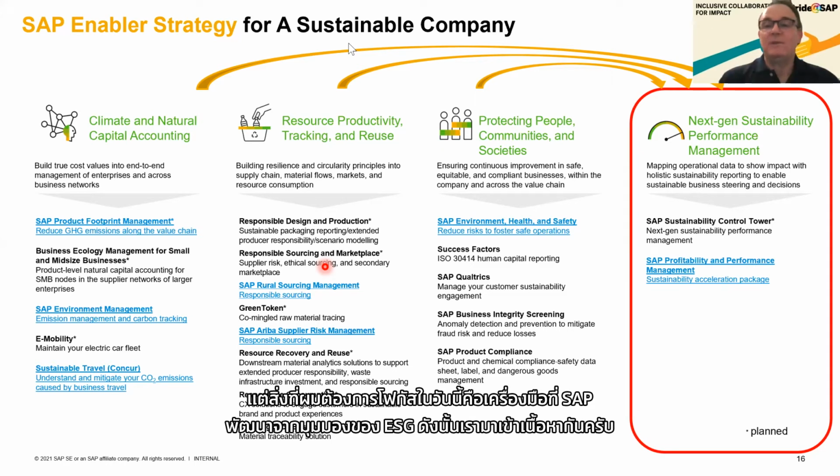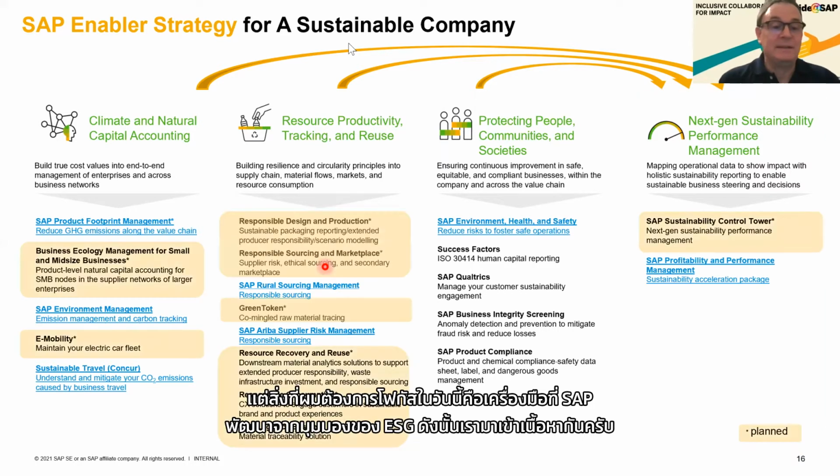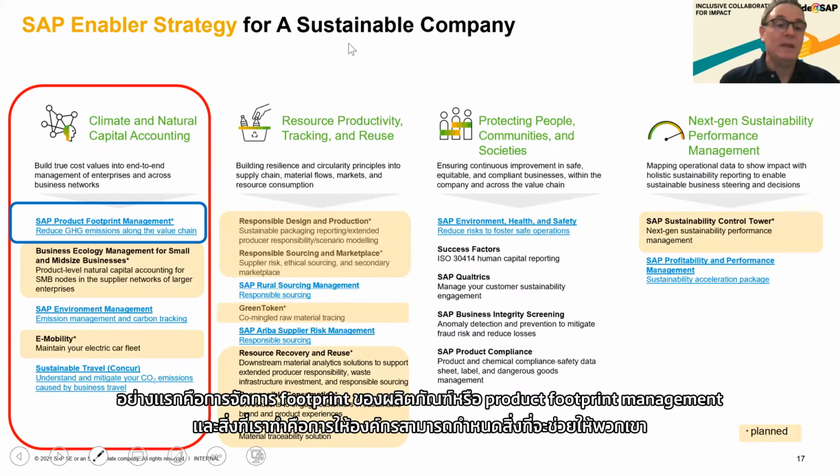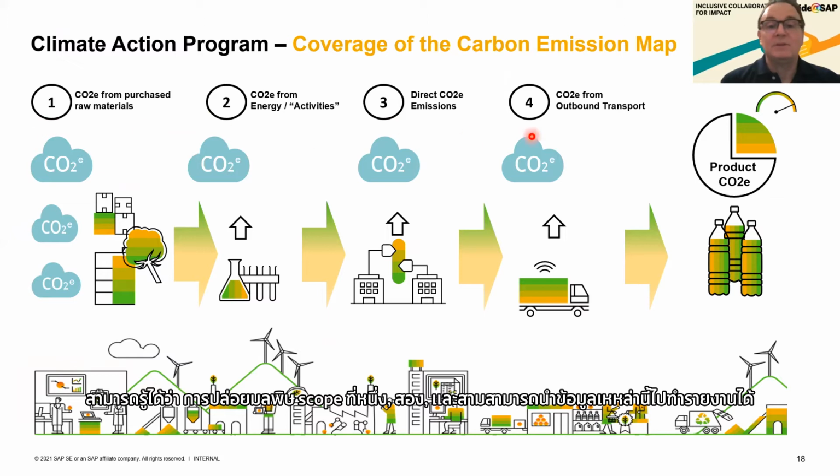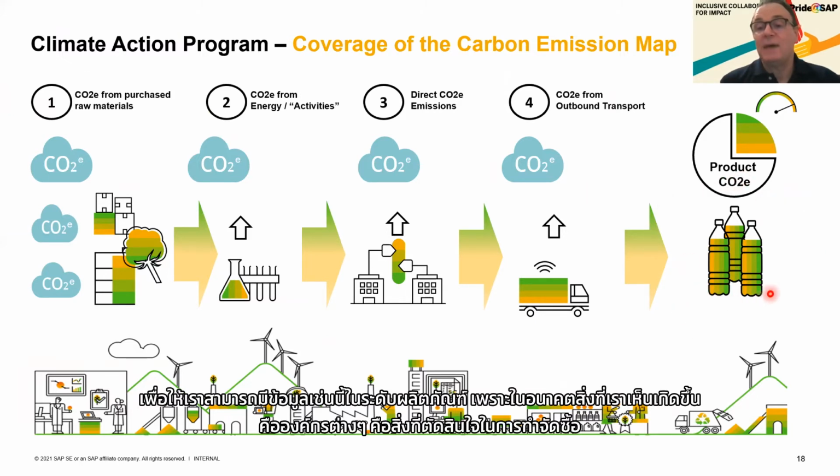But what I want to focus on here is what tools we have from an ESG perspective. So let's go into this. The first one is product footprint management. What we're doing here is giving organizations the ability to determine their scope 1, 2, and 3 emissions, to be able to report that, and to have that on a product level.